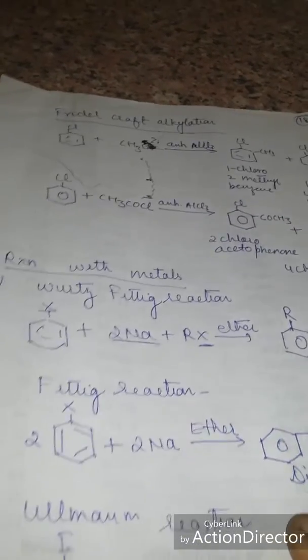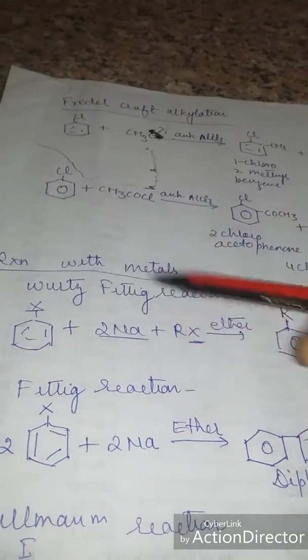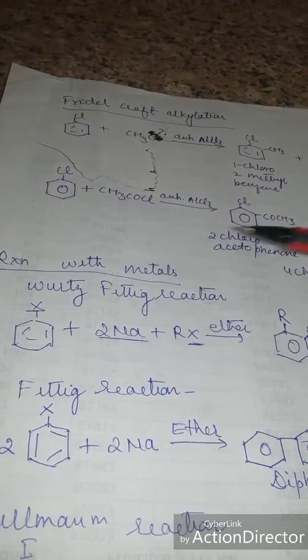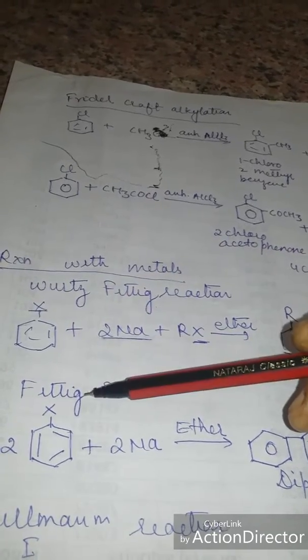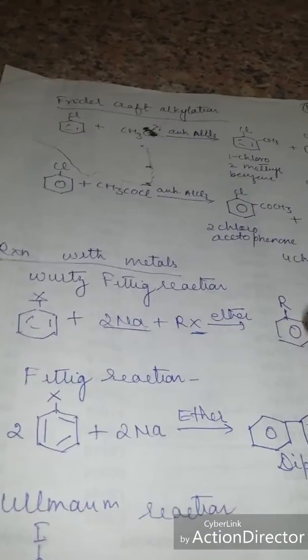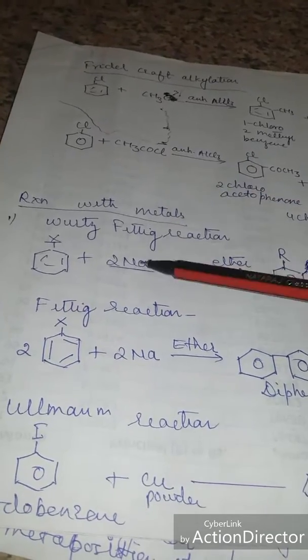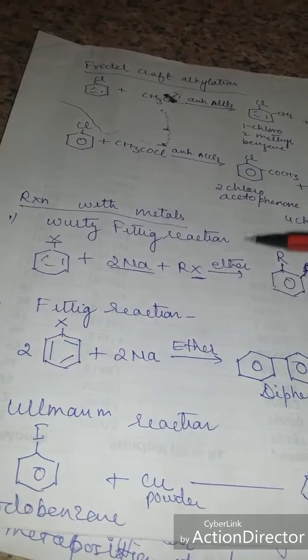Now let us talk about the reaction of aryl halides with metal. With metal, it gives you different reactions like Wurtz-Fittig reaction, Fittig reaction, Ullmann reaction. In this, in presence of sodium, the reaction occurs in ether medium.